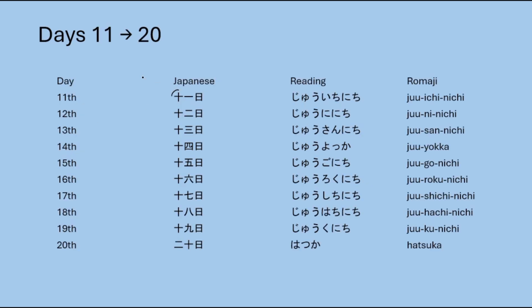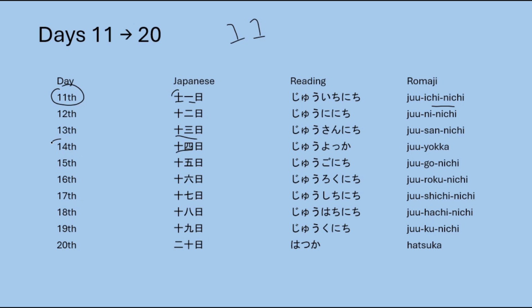So now let's practice the days from 11 to 20. The first is 11, which is Juichi Nichi. Juichi Nichi. Juni Nichi. Jusan Nichi. Juyokka.